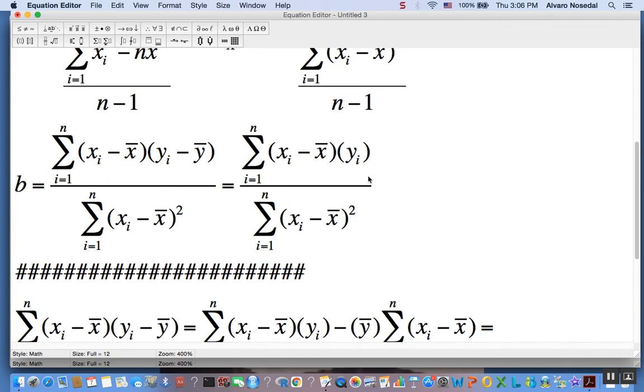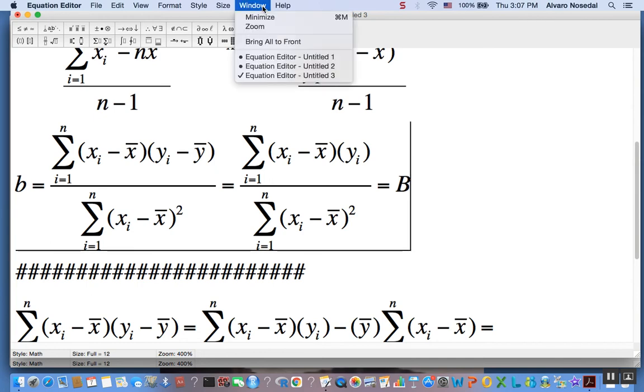That's this guy here. So we're done. We have shown that lowercase b, meaning the estimator for the slope for the original form of the least squares regression line, is the same as the slope for the alternative form for the least squares regression line.